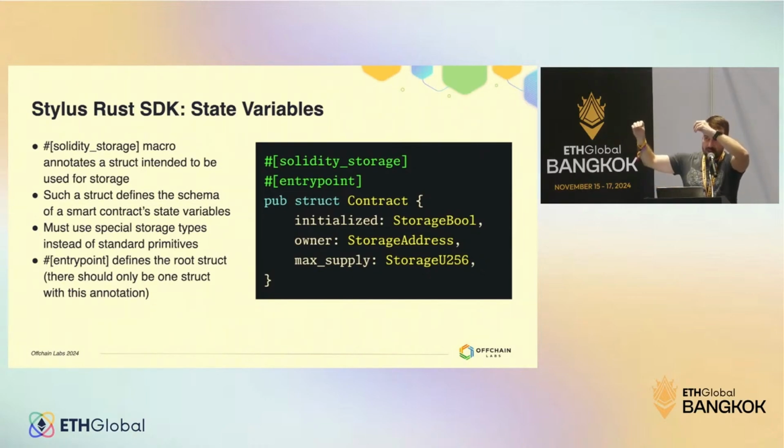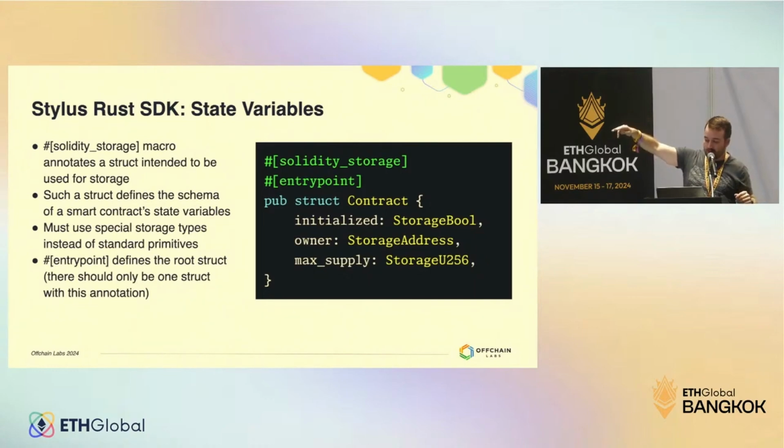This is also going to be the entry point struct. There should be exactly one entry point struct in your smart contract. And that's kind of your top level struct. That's your root level struct if you want to think of it that way. You can have other Solidity storage structs, but you just need one entry point struct. And so that's going to be the root.